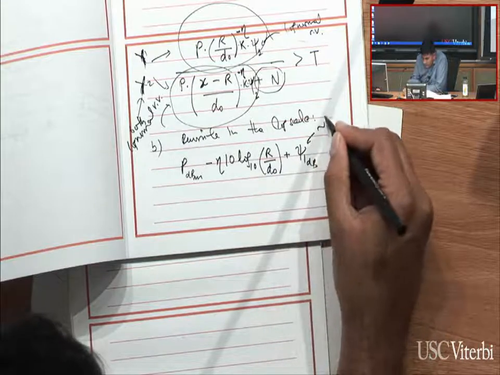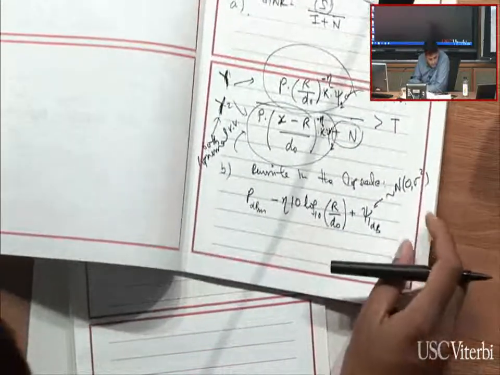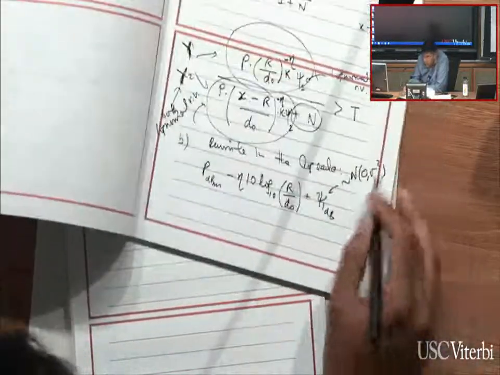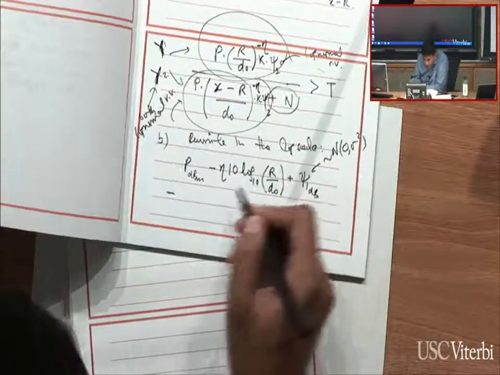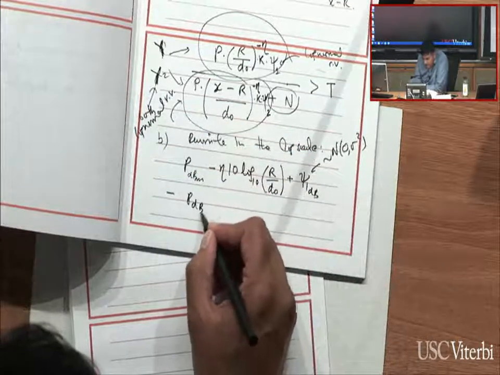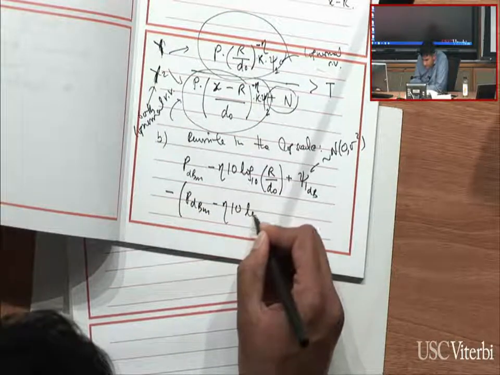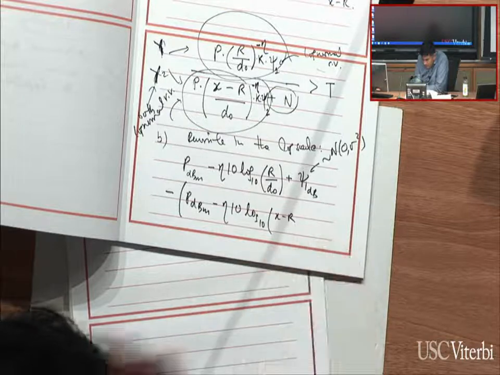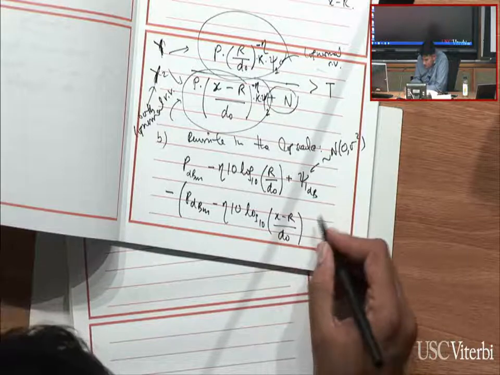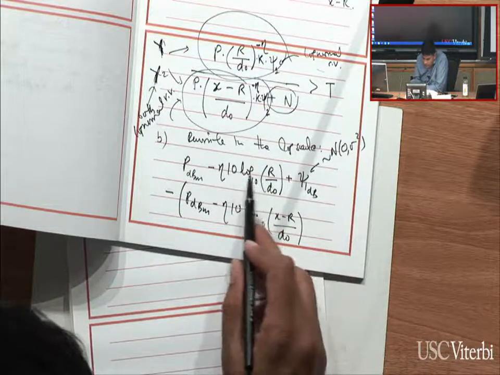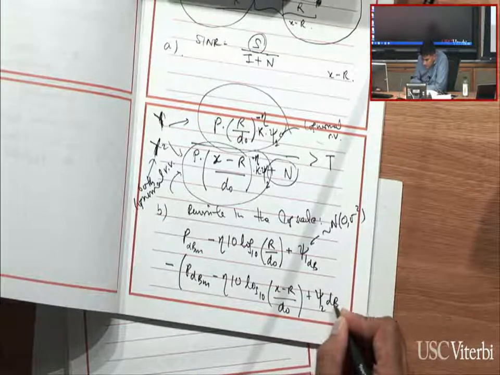Now this is a normal distribution with a known constant variance, so just call that sigma square. And minus, this is the denominator term, has a p dBm, minus eta 10 log 10 of x minus r over D0. In fact, this over D0 just gives you an additional term, and that's the same for both of these, so that'll also cancel out.